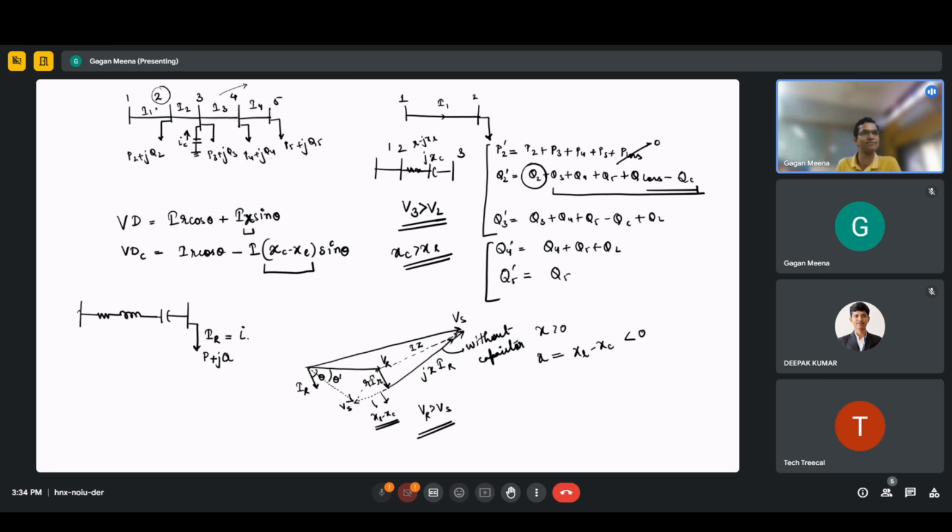So this is some IR real, because it is lagging, so it will be minus j IR imaginary. Okay, load current is lagging. So that's why I've shown load current as lagging.